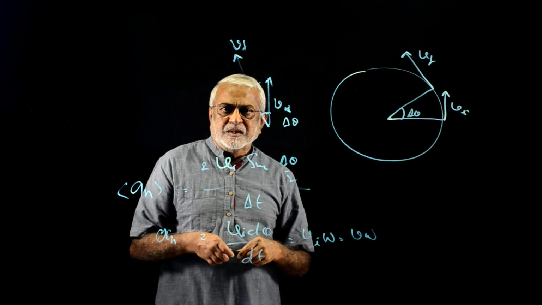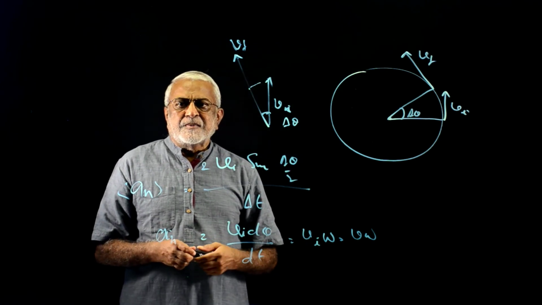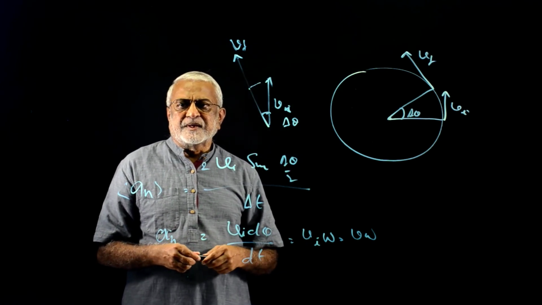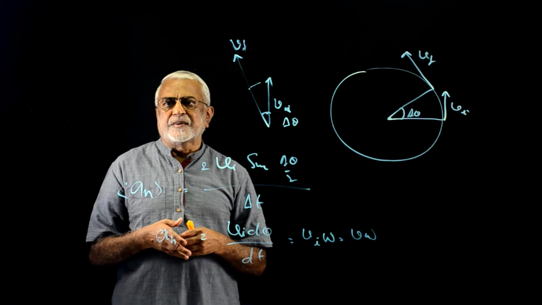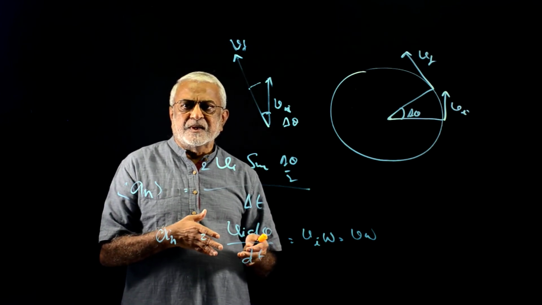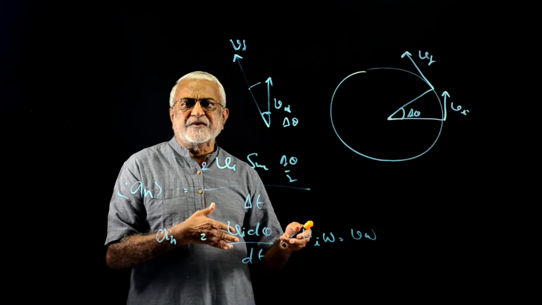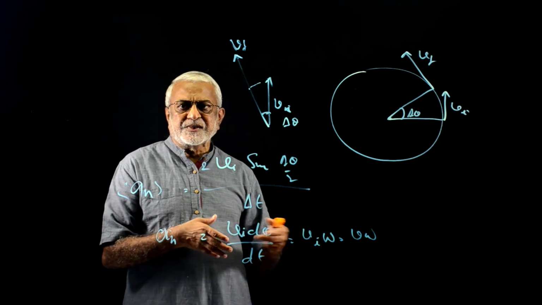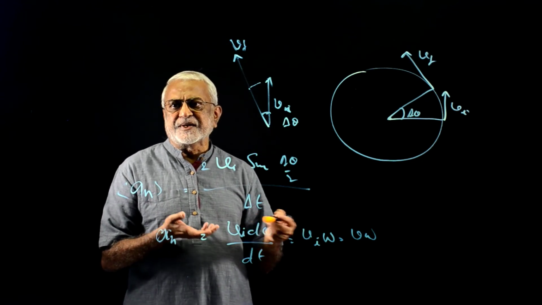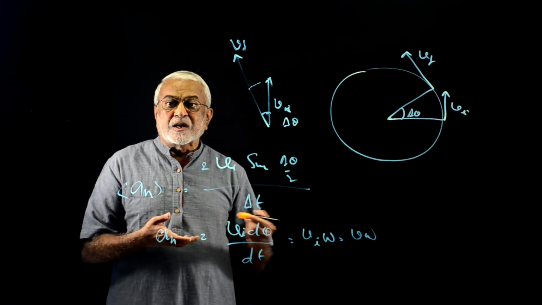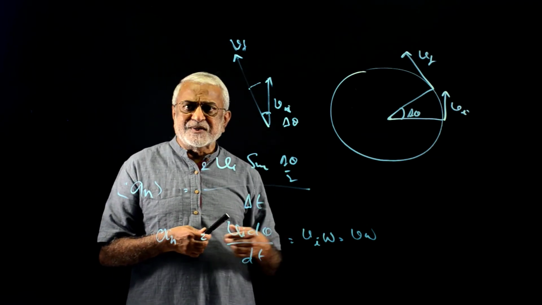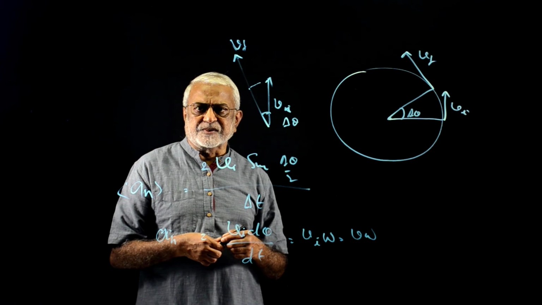So two accelerations, normal and tangential, when a vector changes magnitude and direction. Change of magnitude is taken care of by the tangential acceleration. Change of direction is taken care of by the normal acceleration. In this case, we call it centripetal acceleration.